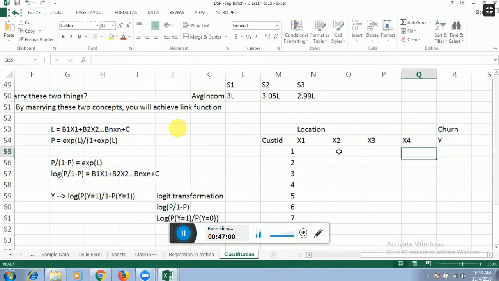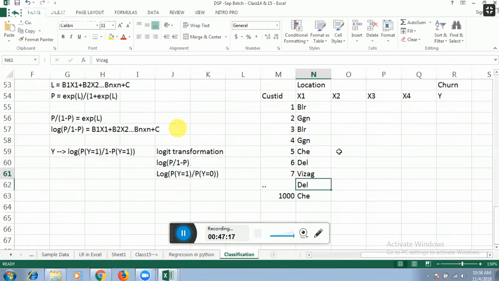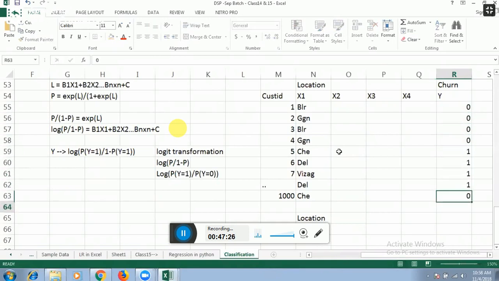So location Bangalore, Gurgaon, Chennai, Delhi, maybe Vizag, Delhi, Chennai, etc. And of course, in this case, you have 0s and 1s, 0, 0, 0, 0, 1, 1, 1, 1, 0, something like that.